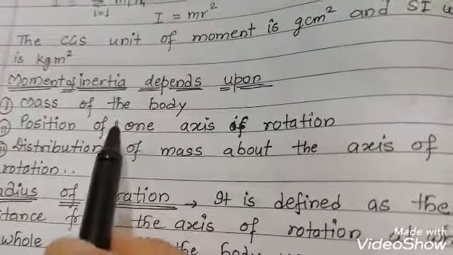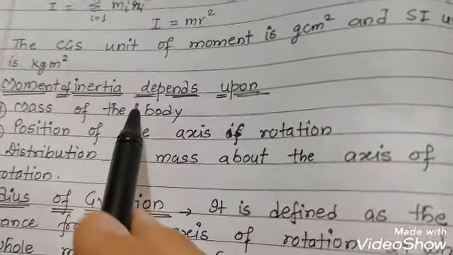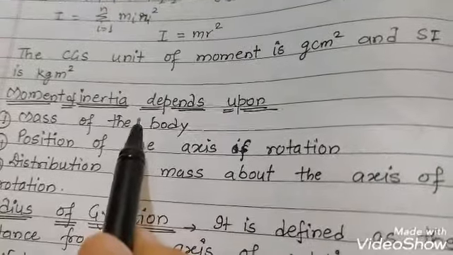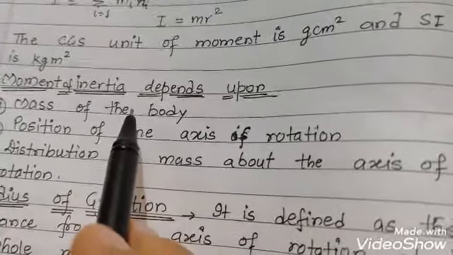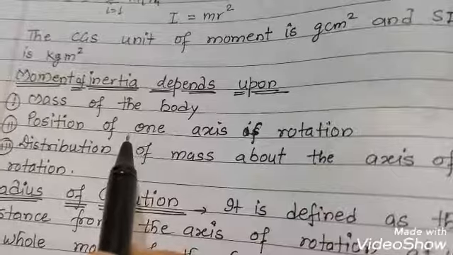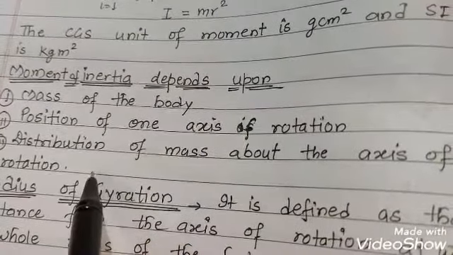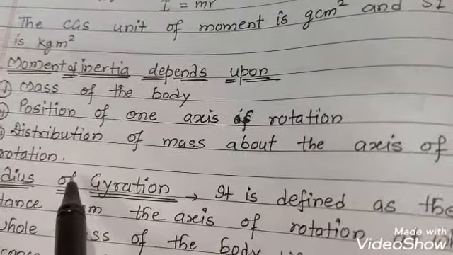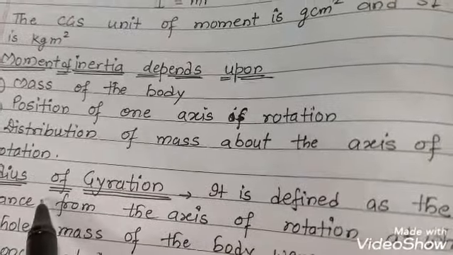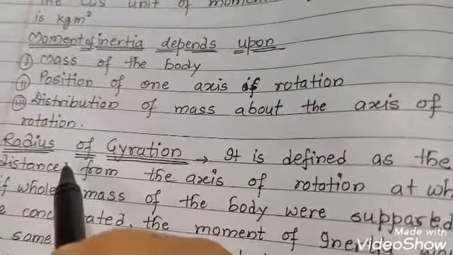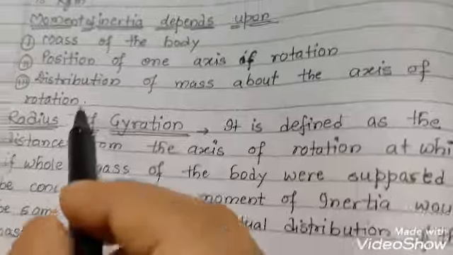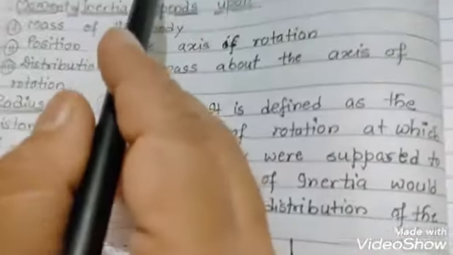So these are the factors on which the moment of inertia depends: the mass of the body, the position of the axis of rotation, and the distribution of mass about the axis of rotation.